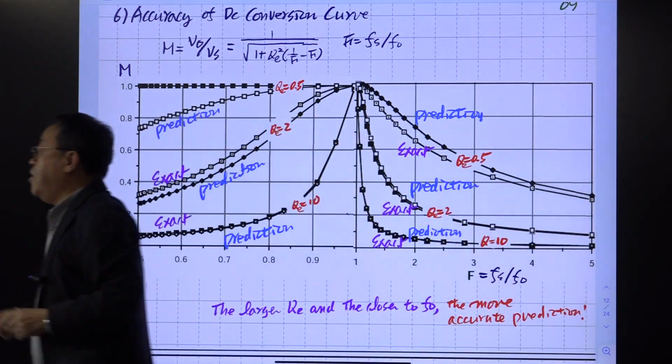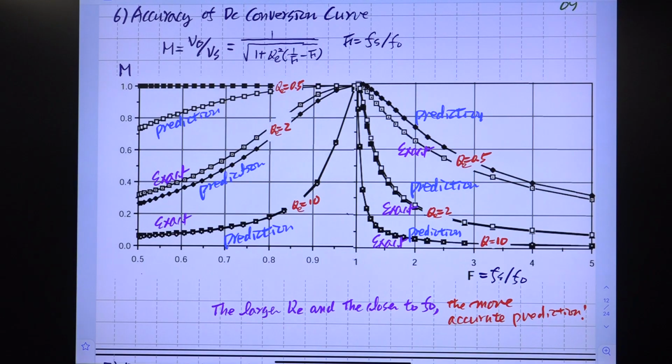Initially, one Indian guy was doing simulation, and every time he was reporting some huge current spike. And Freddy, Dr. Lee, who was my boss, got mad and said, you stupid.